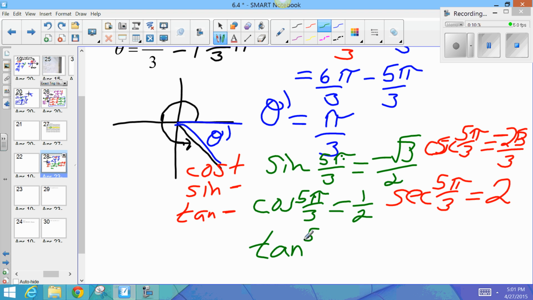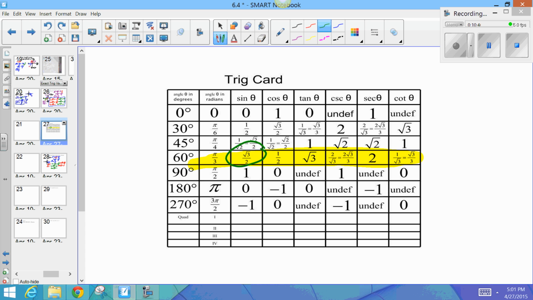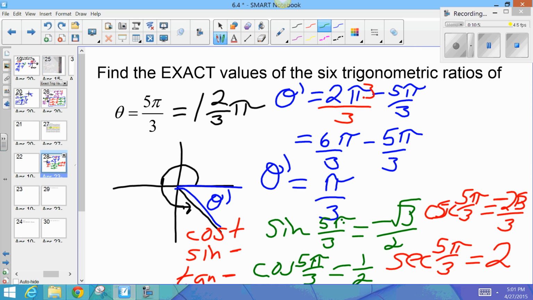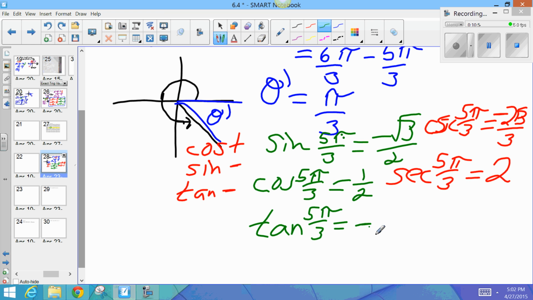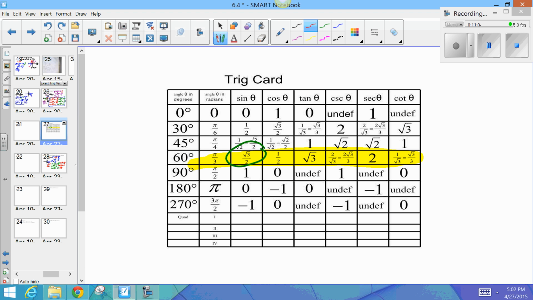Tangent of 5 pi over 3. Tangent is negative in quadrant 4, so this answer will be negative. Tangent is square root of 3 for that reference angle, so I've got negative square root of 3. And the cotangent is the reciprocal of that, also negative, negative square root of 3 over 3.